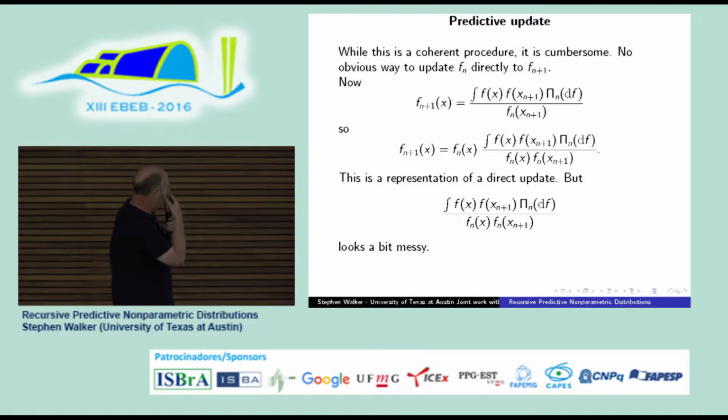Okay, so let's just have a look at what the predictive update actually looks like. Remember, we're trying to get something looking like this. The idea is to get something like this, to understand it, and then to implement it. We've already agreed that you probably have to go through the posterior. The posterior gets a bit messy.